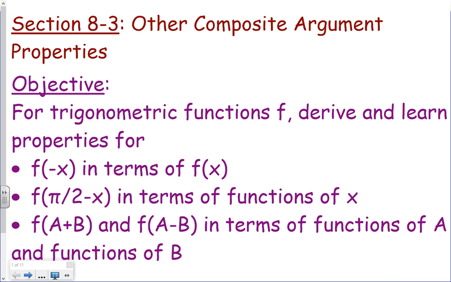So the properties here all deal with something other than just x that we're plugging into our particular trig function: the opposite of x, pi over 2 minus x, or a plus b or a minus b.